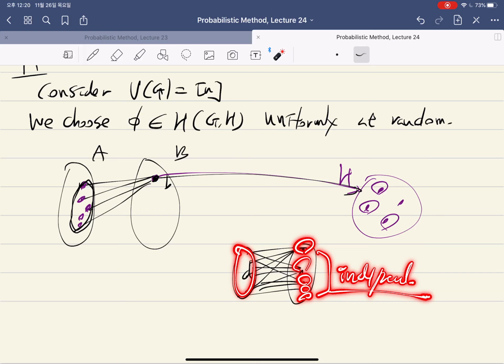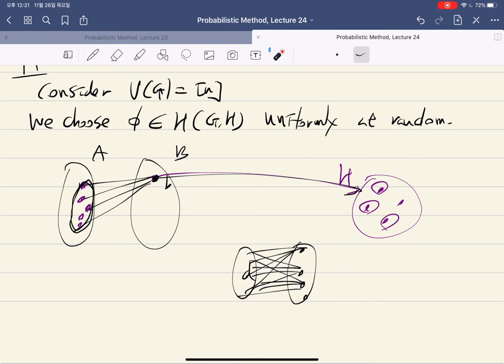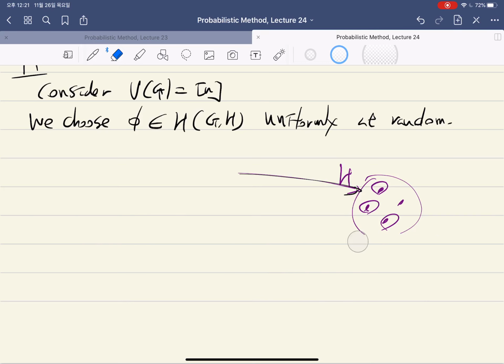We also have to use Shearer's lemma to get into this situation. Maybe we just start the proof and then see what kind of intuition you can get from the proof.